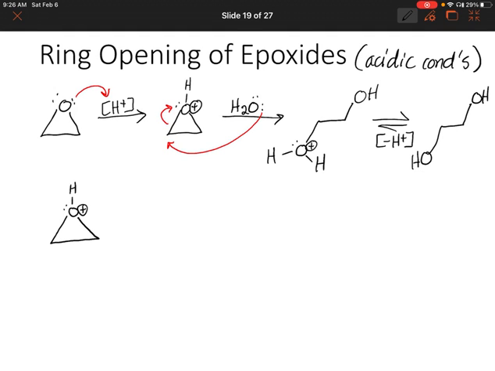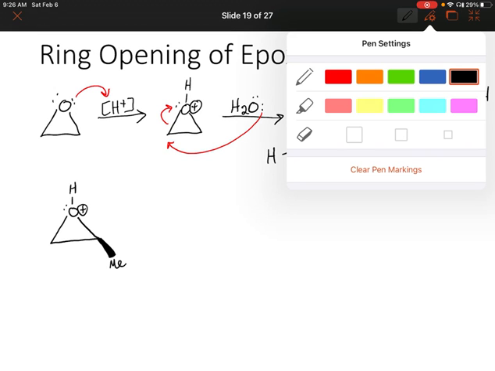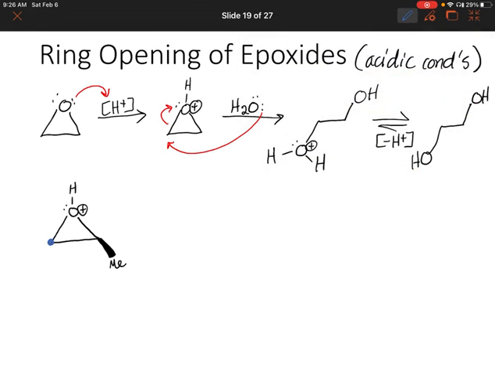And instead of being symmetrical, let's add a methyl group on one side. So now this is asymmetrical. Okay, so where would the nucleophile attack? So let's highlight the left carbon in blue and the right carbon in red. Okay, so how would we characterize the blue carbon?